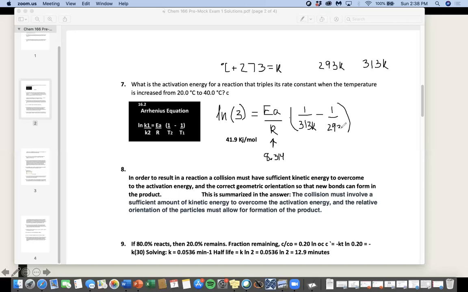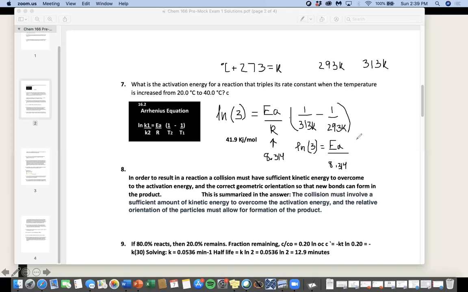And so in order to plug this in, you would just do ln of 3 equals EA divided by 8.314, because that's just your constant.